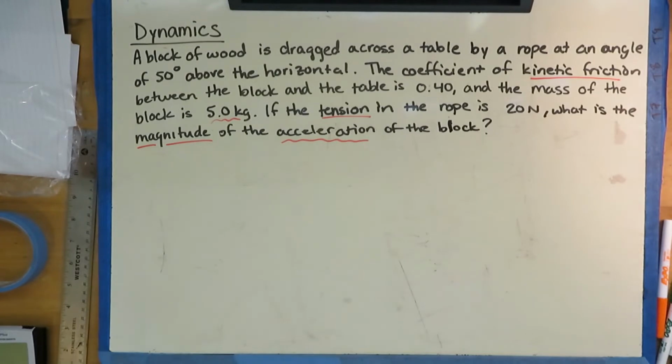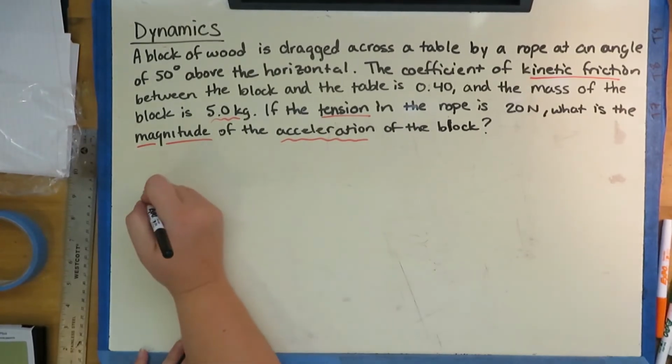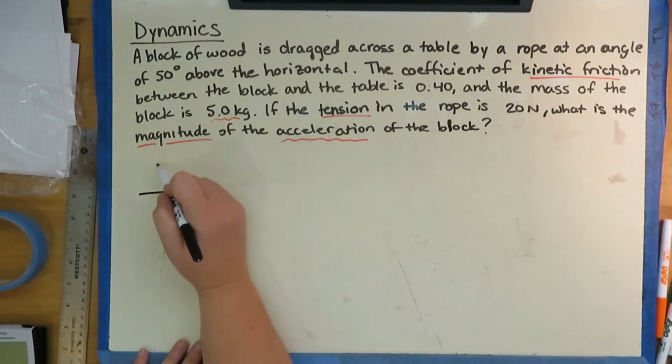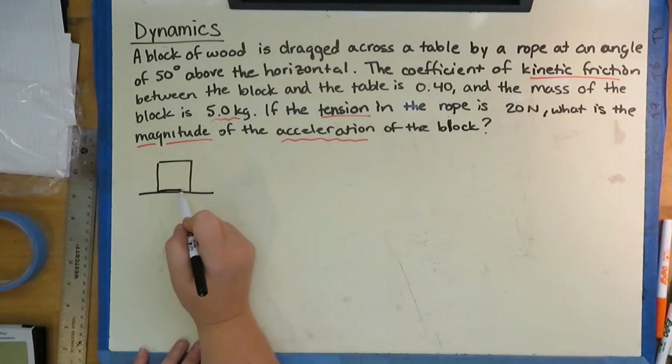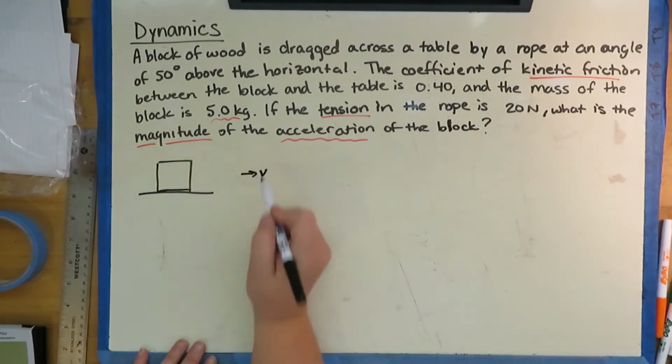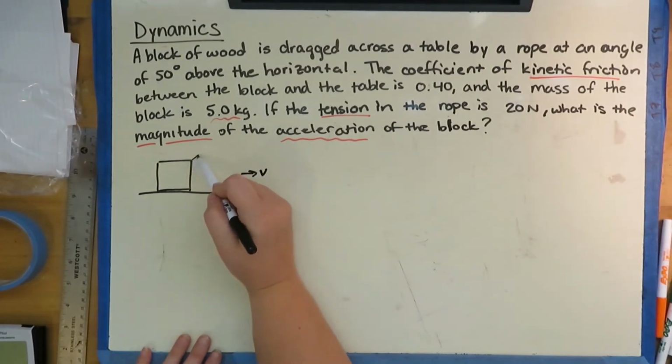The first thing I would do, because this one doesn't have a picture, is draw a picture for me. I'm just going to assume that it's being pulled to the right. So I've got a rope at 50 degrees, and I'm going to label that as theta equals 50 degrees.